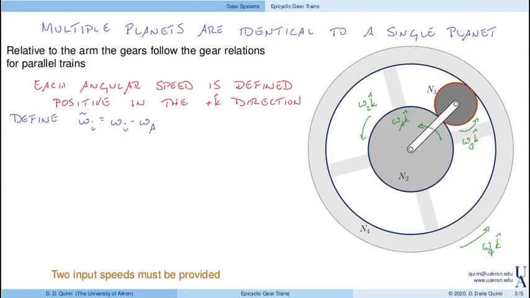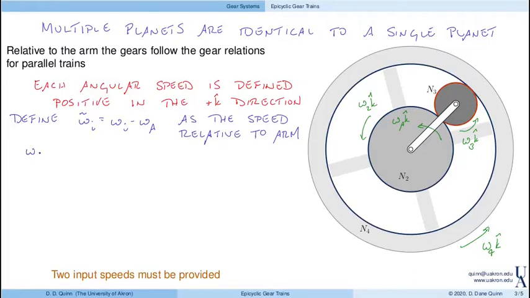Again, because each gear's speed is defined in the plus k direction, this is the angular speed relative to the arm. And then our normal speed relationships hold.